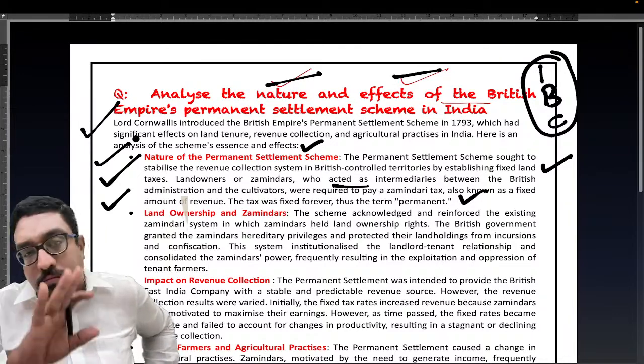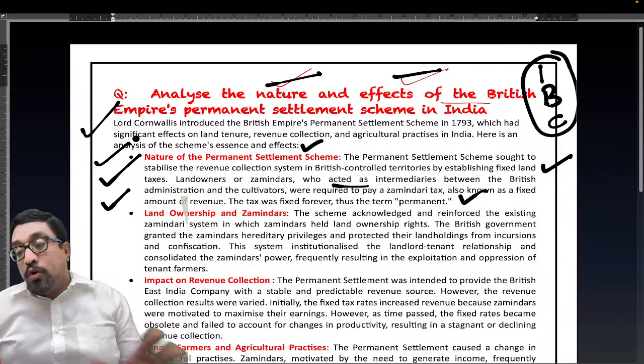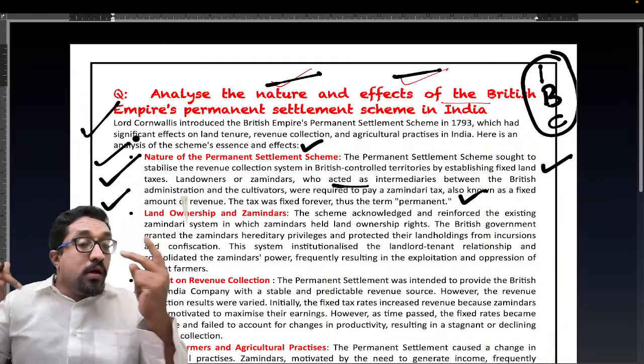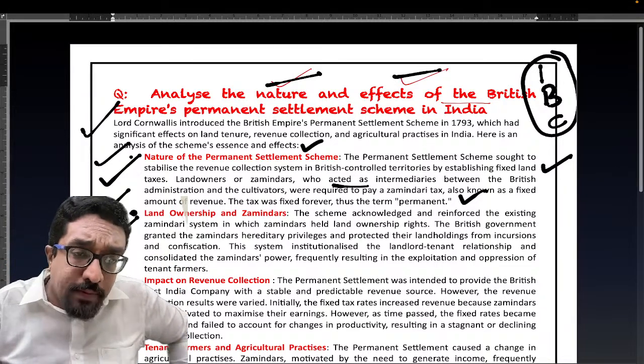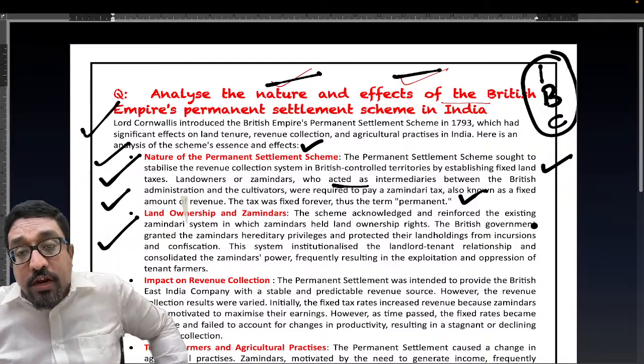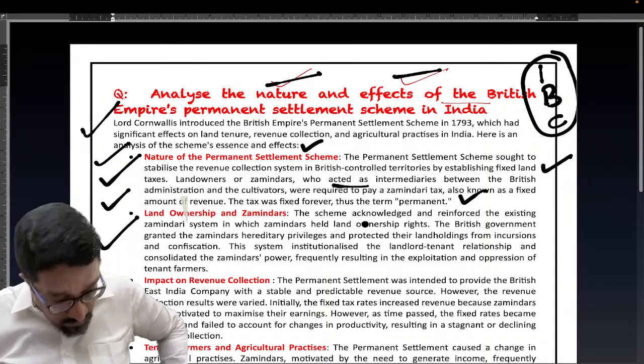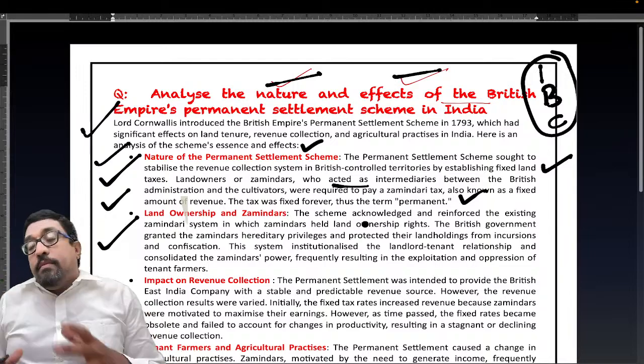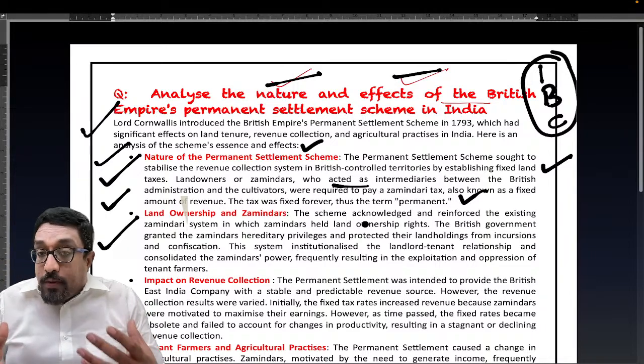Nature of the permanent settlement, straightforward. The nature was to fix a fixed revenue system. Number two, land ownership and zamindars. The scheme acknowledged and reinforced the existing zamindari system, in which zamindars actually held the land ownership rights.